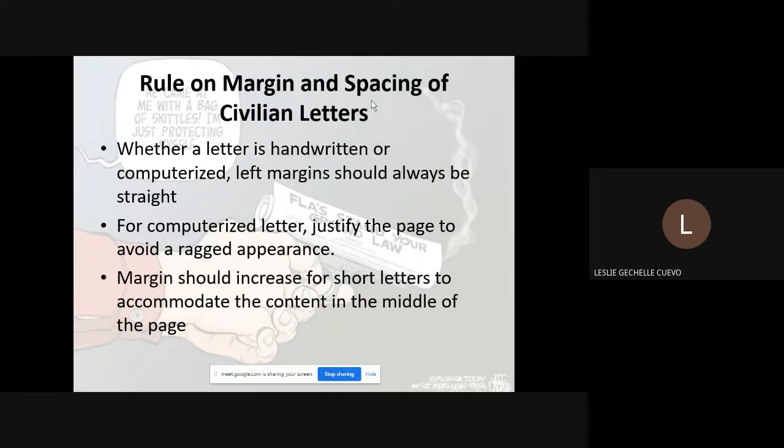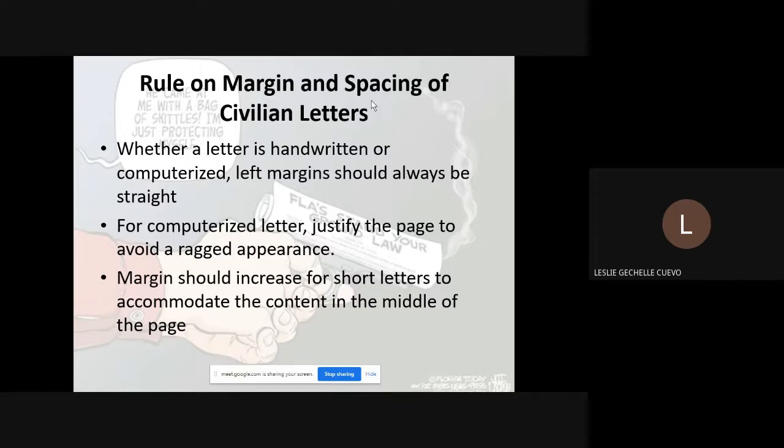Okay. Next, rule on margin and spacing of civilian letters. So whether a letter is handwritten or computerized, left margins should always be straight. For computerized letter, justify the page to avoid a ragged appearance. Take note, ang ibig lang sabihin ng first is sa left margins laging pantay yan.